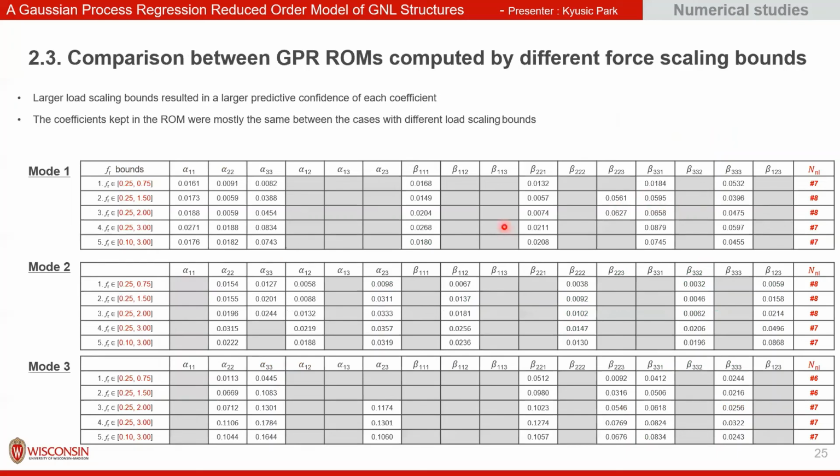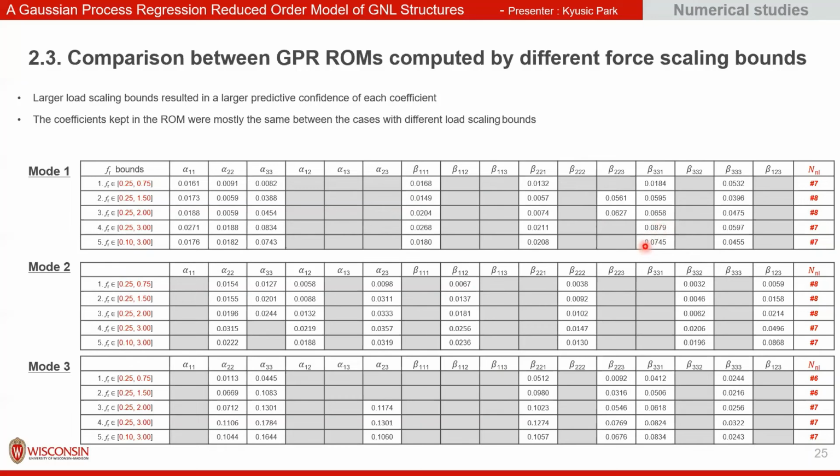In this case study, we applied 5 different force scaling bounds to train the GPR ROM, and the predictive STDs of resulting optimal GPR ROMs are presented in these tables. The results reveal that the uncertainty of the GPR ROM tends to increase as the force scaling range increases.